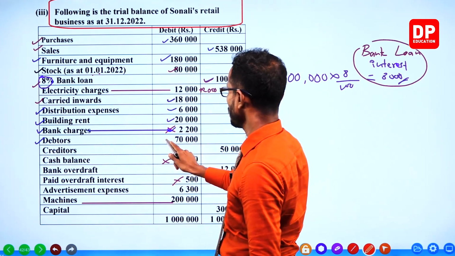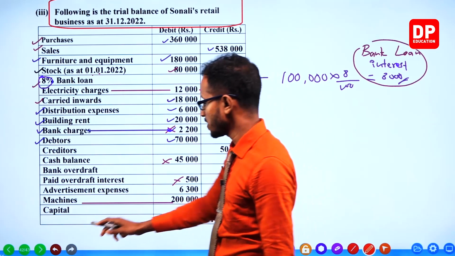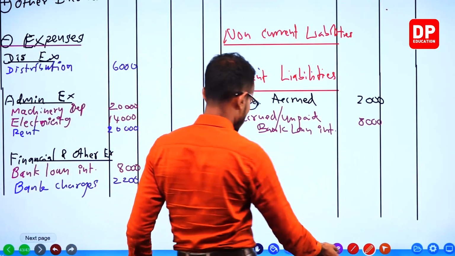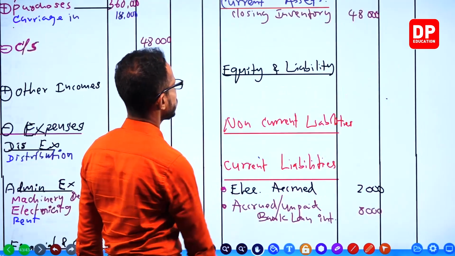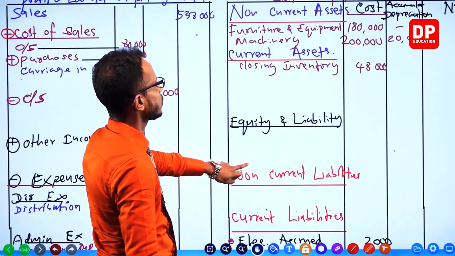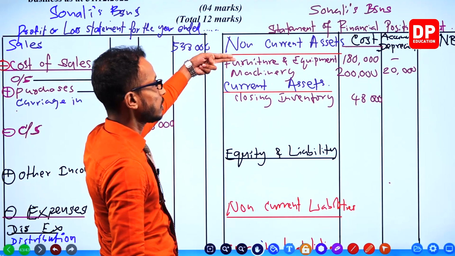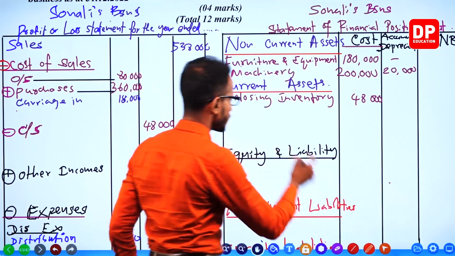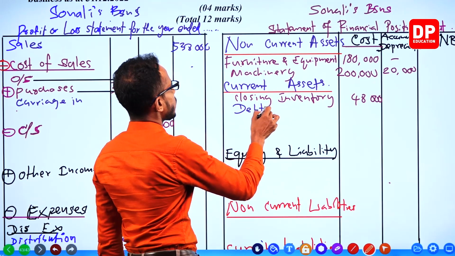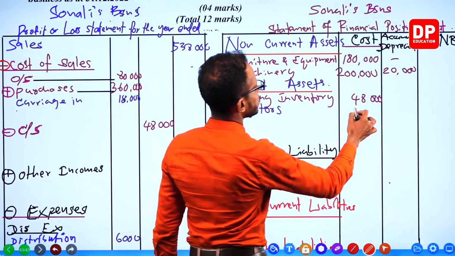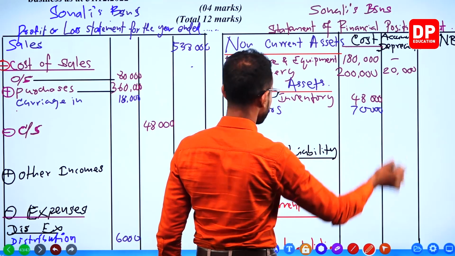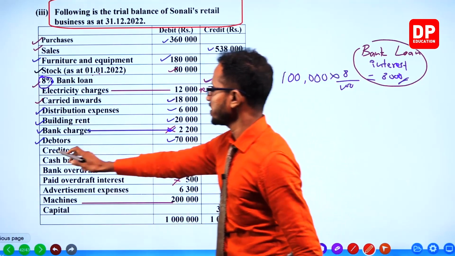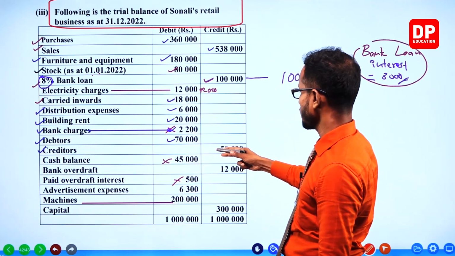Debtors is always an asset. Assets go to this side. But non-current or current? Current. Debtors 70,000. Done. Creditors is always a liability.